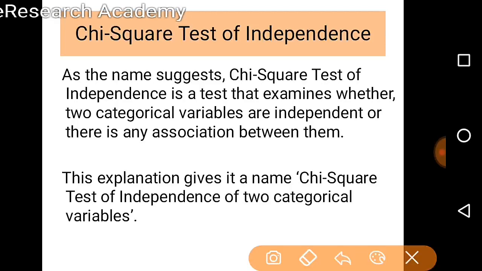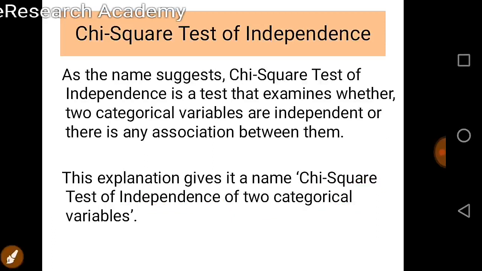If we only state chi-square test of independence, it does not give more clarity about this test. But if we state chi-square test of independence of two categorical variables, it gives more clarity, as it is a test which is performed to examine the association between two categorical variables.